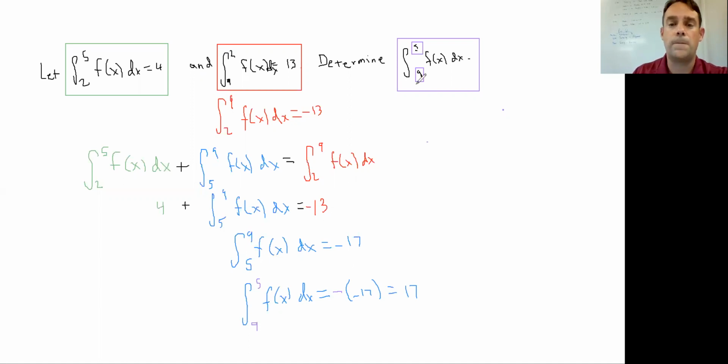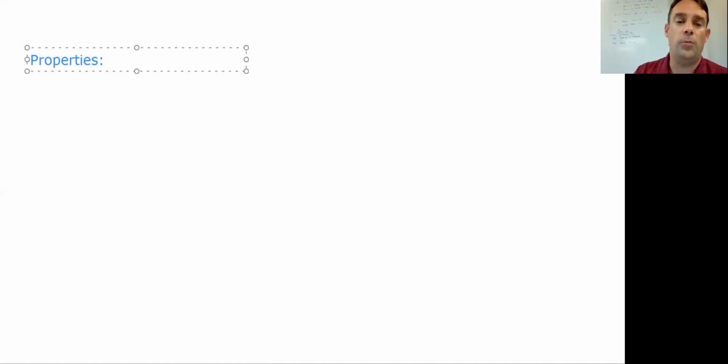All righty. Just a couple little more things here. We got a couple properties we can also take a look at. There's all kinds of little properties, but let's just touch on a couple. We don't want to touch on too much.